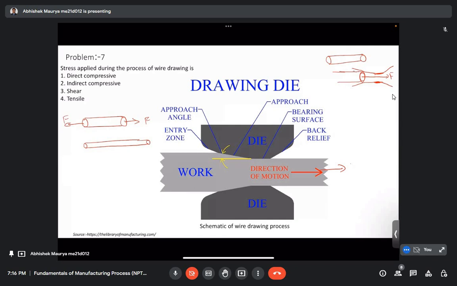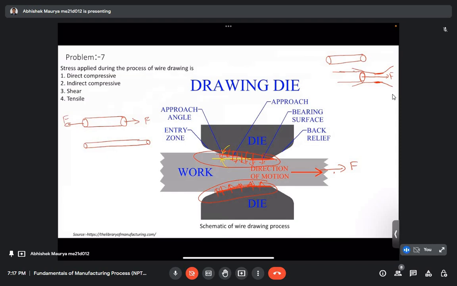It is the reaction force which is being provided by the die, but that force is coming because of the pulling force which we are providing on the bar. So directly we are providing pulling force, and because of the reaction of the die, compressive stresses are being generated throughout the cross section of the billet, and because of these compressive forces, the reduction in diameter or area is happening.